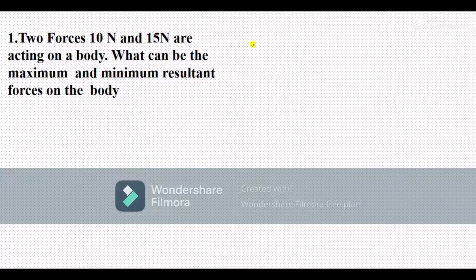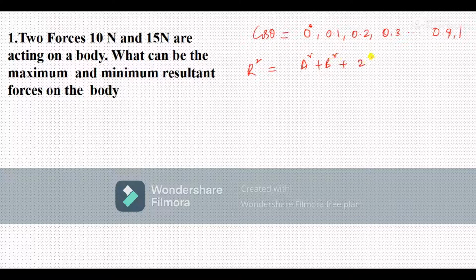When cos theta has values from 0 to 0.1, 0.2, 0.3 up to 0.9 and 1, then R square is A square plus B square plus 2AB cos theta.